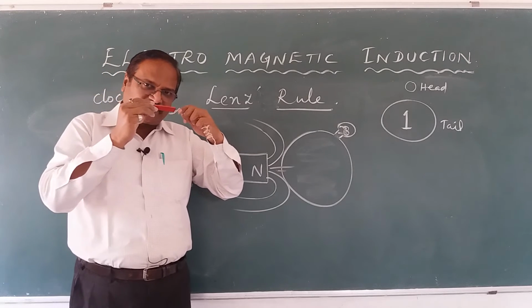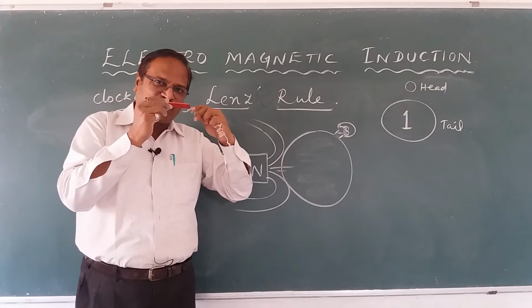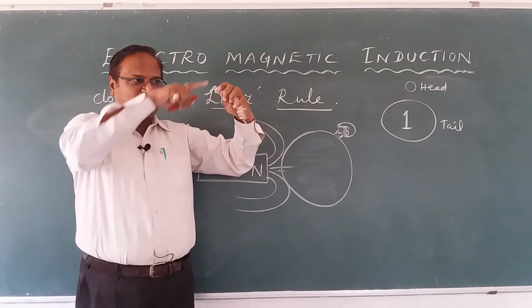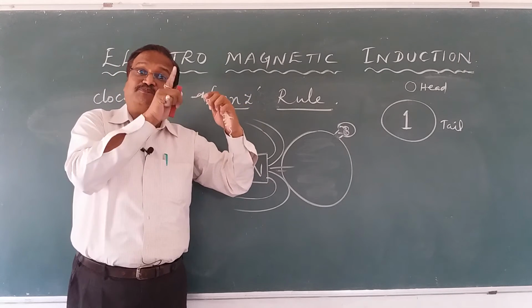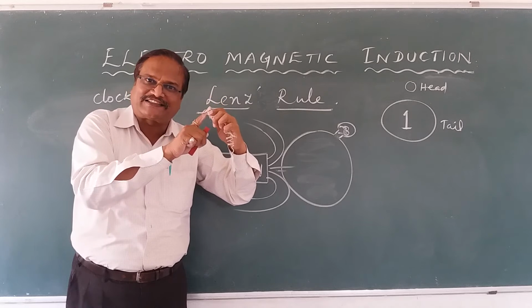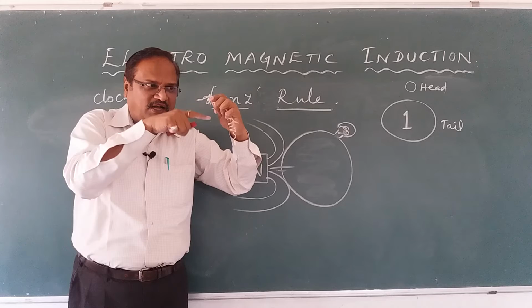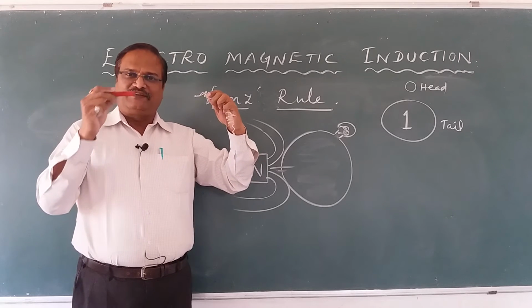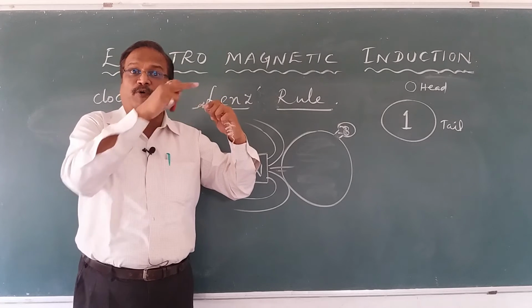I bring the north pole here, and what will happen? As it is coming close, it is opposing. If it is opposing, what should be the pole of this? This copper wire, the solenoid, this part is also becoming a magnet. When I bring the north pole, this should become what pole?